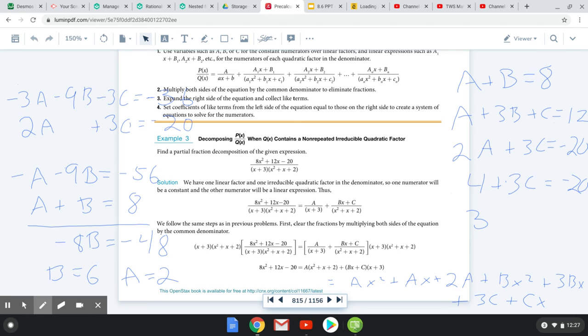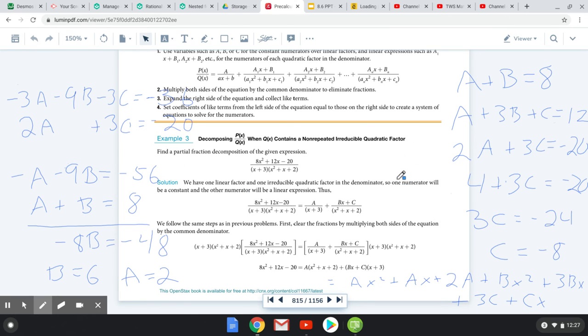So 3c equals negative 24. And then I can just divide both sides by 3. And I get that c equals negative 8. So yeah, that's the basic strategy here.